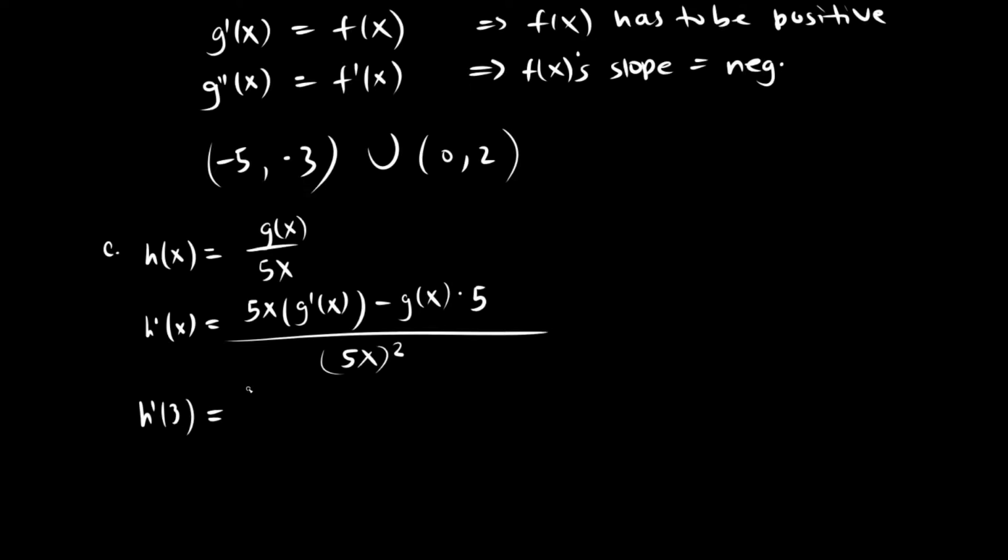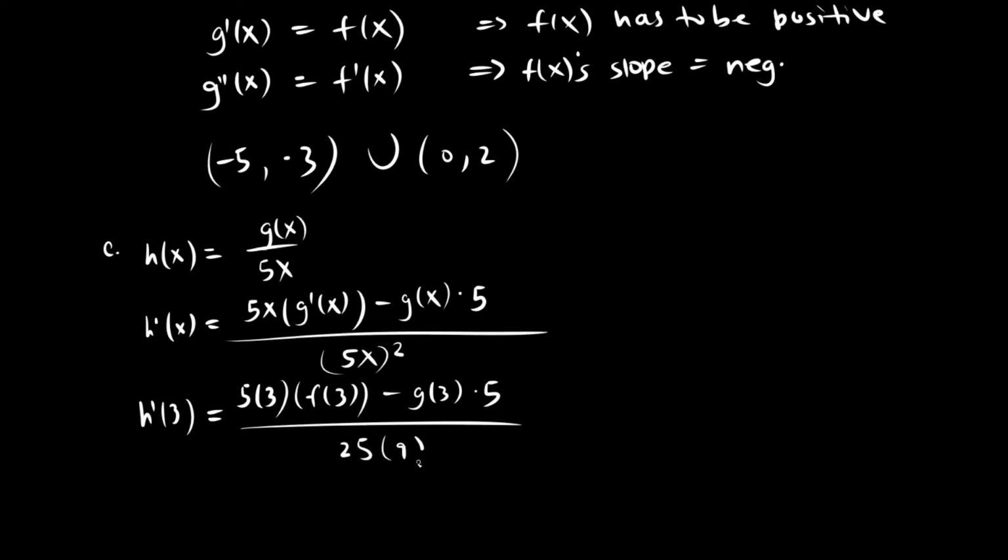So we know that this becomes 5 times 3 times g prime of 3. Now we know that g prime is just f. So this is f of 3 minus g of 3 times 5. And this is all over 25 times 9.